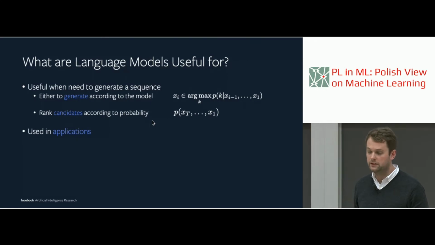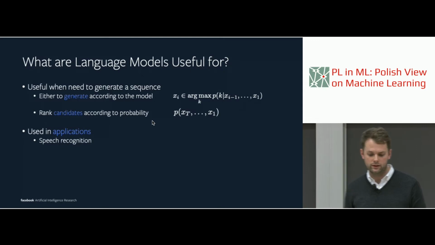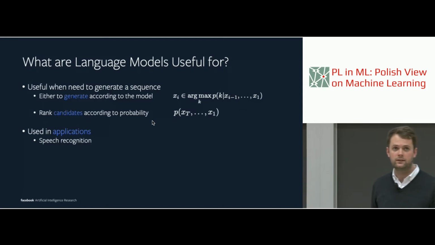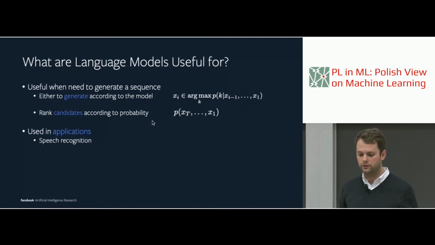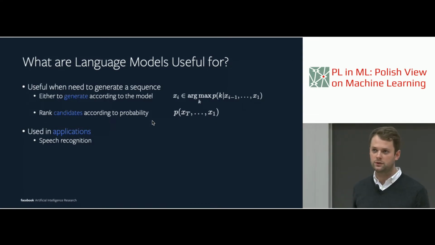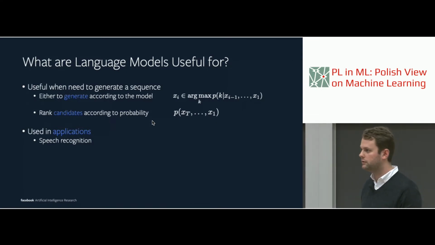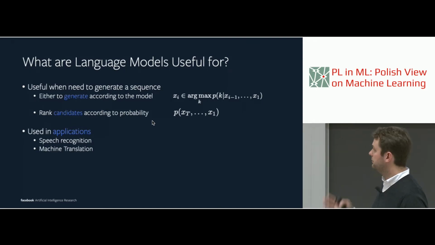This is used in many applications, and the first one I think about is speech recognition. Every time you have a device which recognizes speech, you need a model that is going to basically transform the utterances into some kind of symbols and then make sure that the sequence of symbols is kind of likely. You're not saying total gibberish. Other related applications include machine translation.